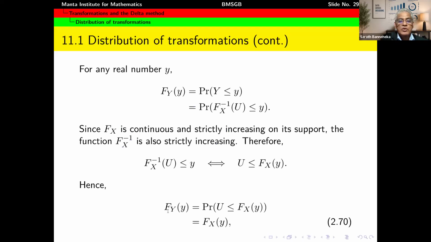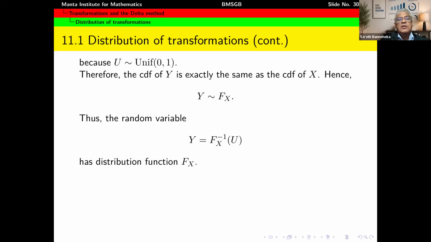The cumulative distribution function of y evaluated at value y is the same as the cumulative distribution function of x evaluated at y. So that implies that the distribution of y is the same as the distribution of x. In other words, y has the cumulative distribution function Fx.